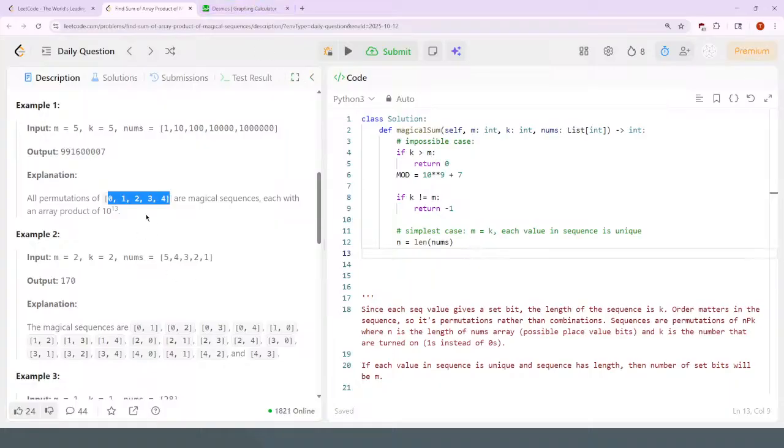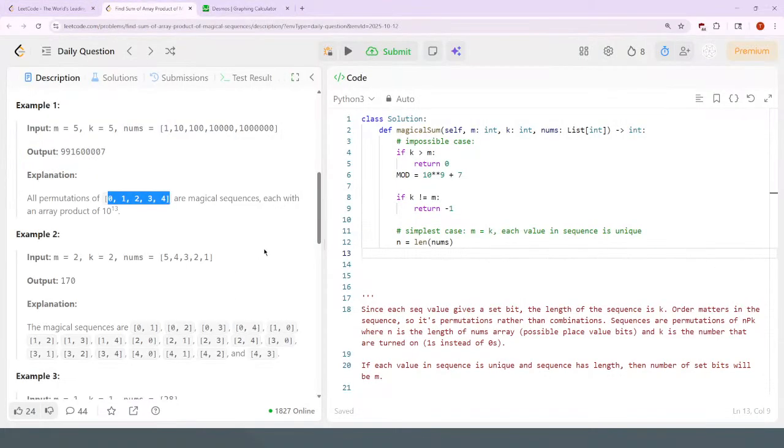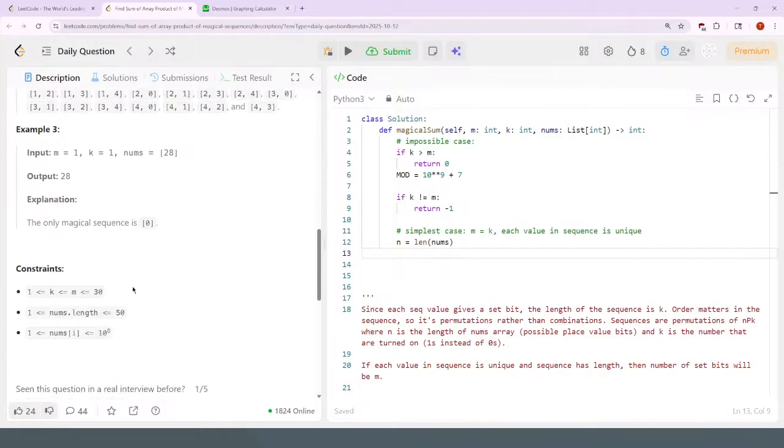I must be doing this backwards or something. 5 permute 5 is the same thing as 5 factorial, 120. 50 permute 30.